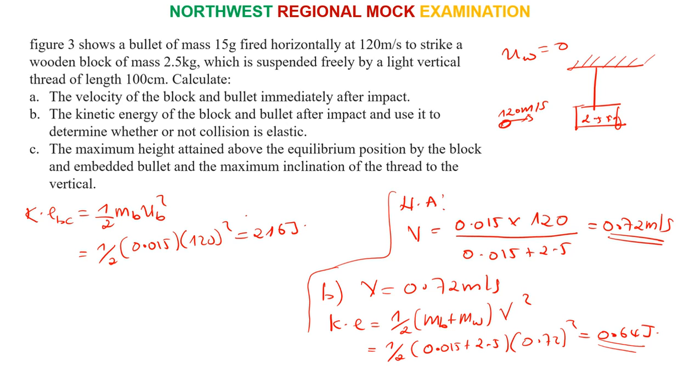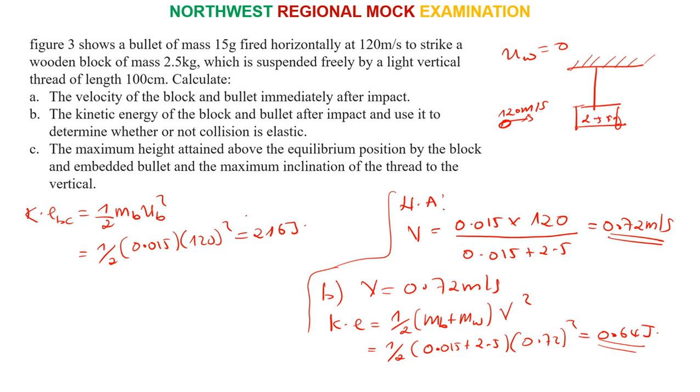We have concluded with B, so now we are at C. C asks for the maximum height attained above the equilibrium position by the block and embedded bullet, and the maximum inclination of the thread to the vertical.